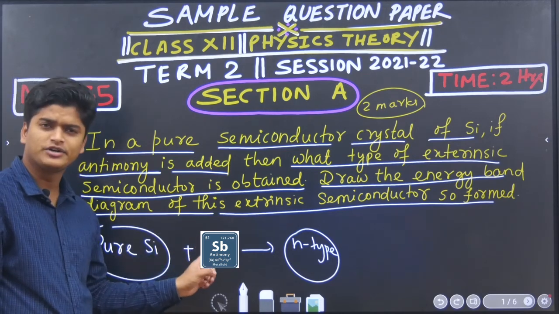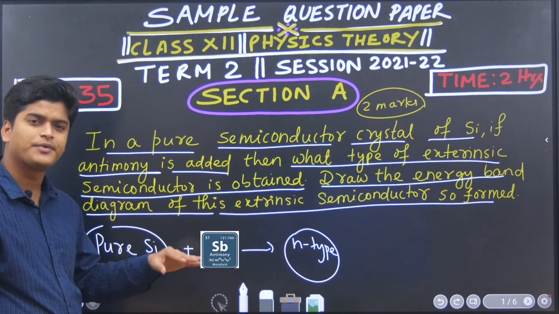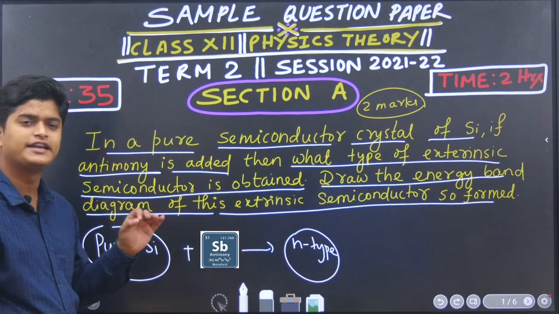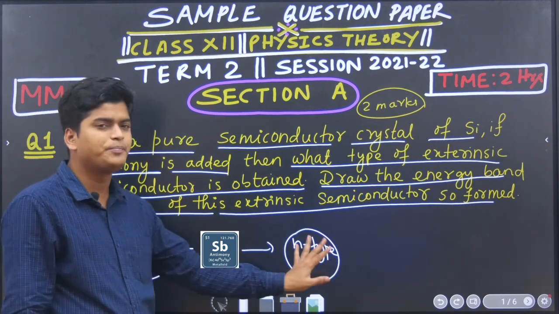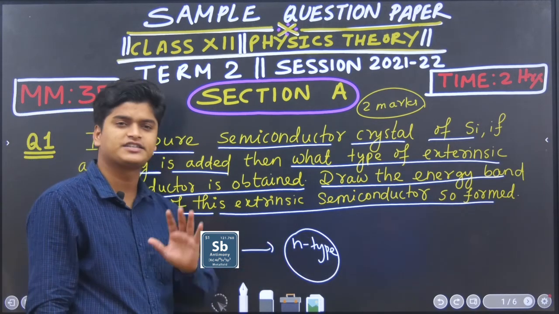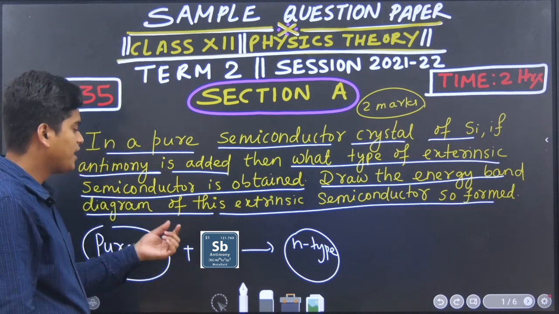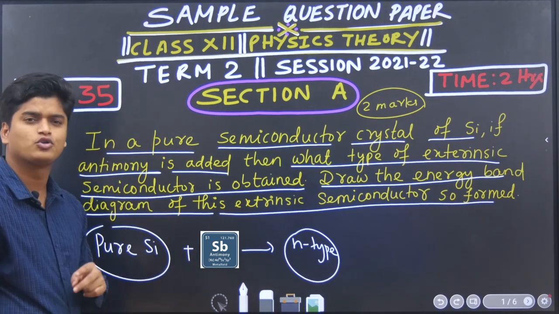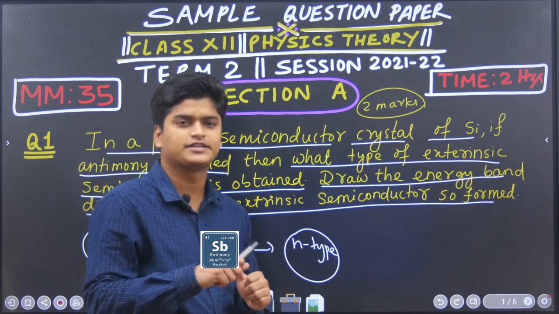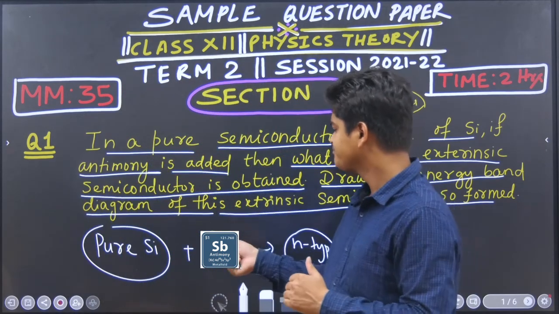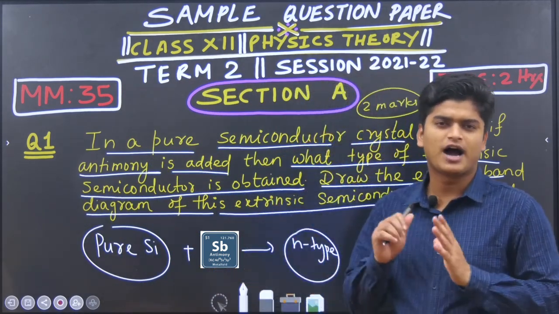If a trivalent impurity like indium or gallium is added, then it will be a P type extrinsic semiconductor. And remember, antimony and phosphorus are both pentavalent. When they are added, the pure form becomes an impure form. So this is the basic idea.